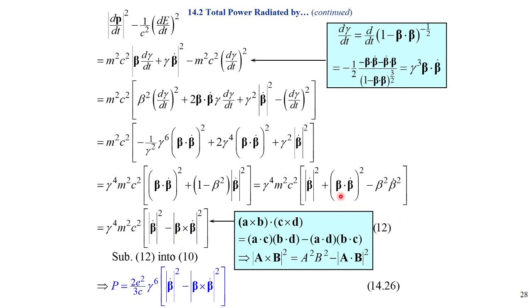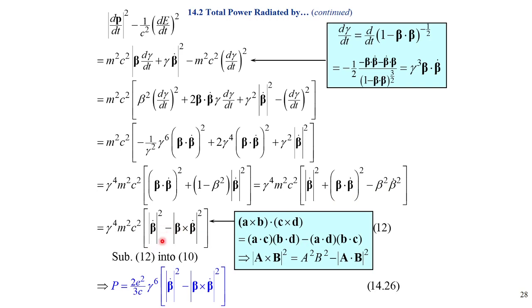Because beta squared, what should we have? Beta dot squared. We just write this one. This one will give us these two terms, but with a minus sign. This one gives us these two terms with a minus sign.